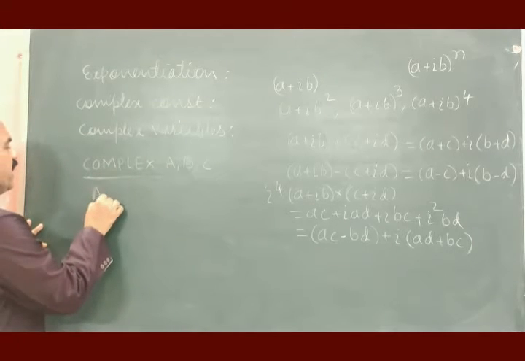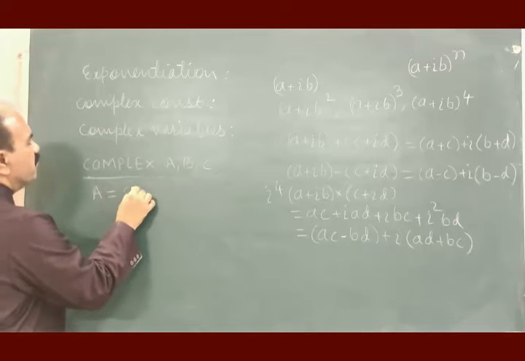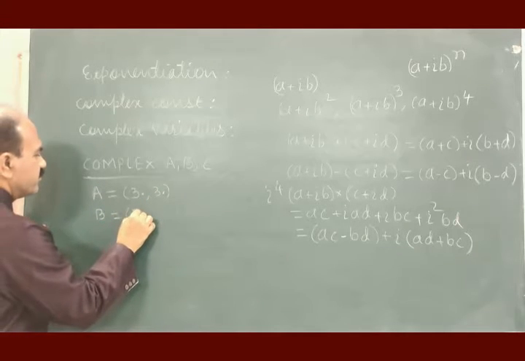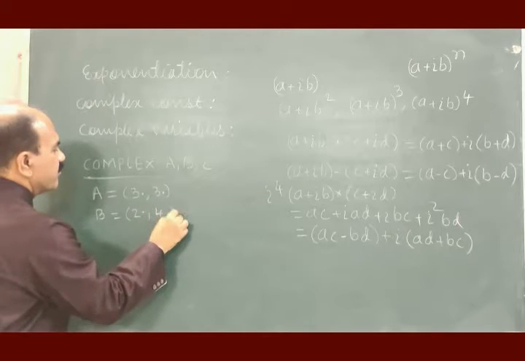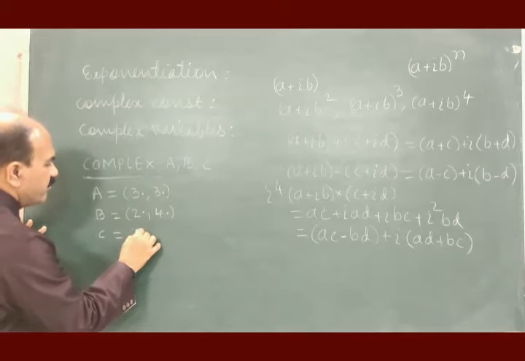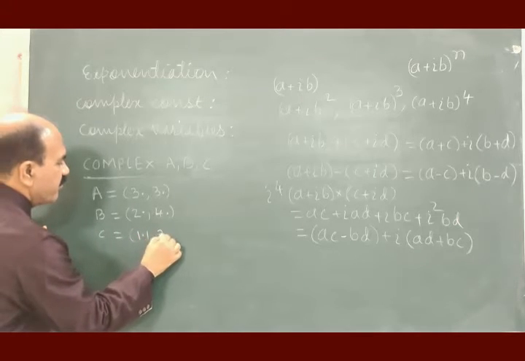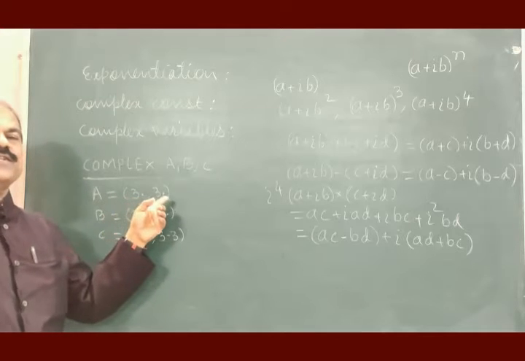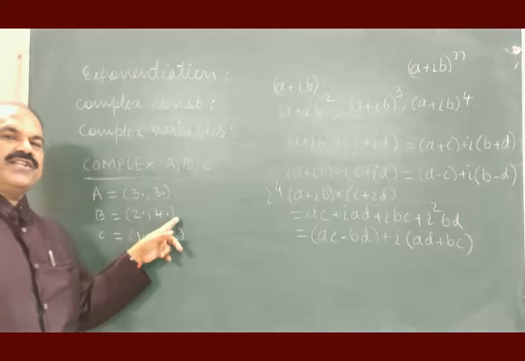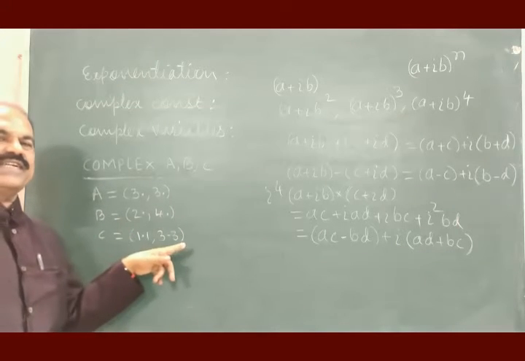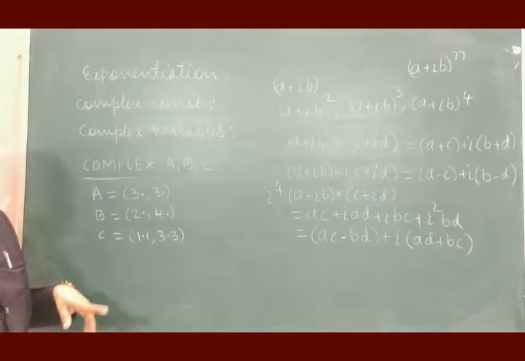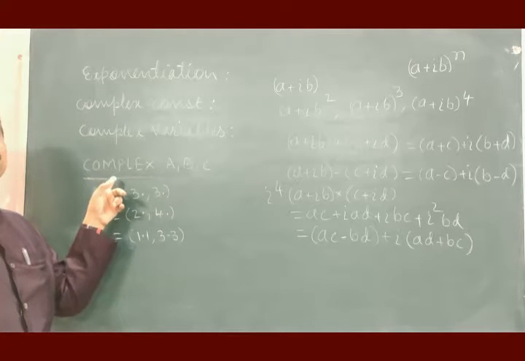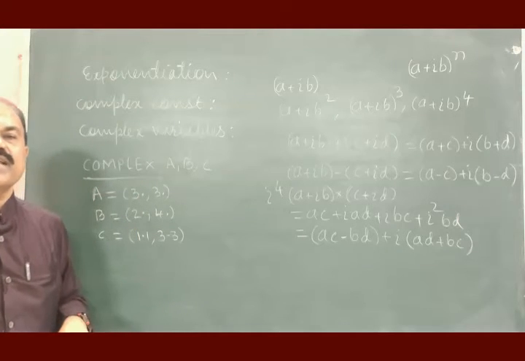For example, A is equal to... Variable A is assigned this complex constant, variable B is assigned this complex constant, variable C is assigned this complex constant, provided that these variables A, B, C are specified by this statement as complex variables.